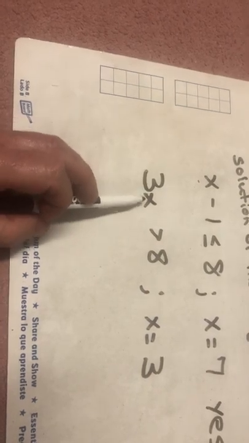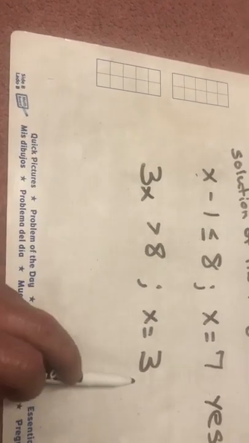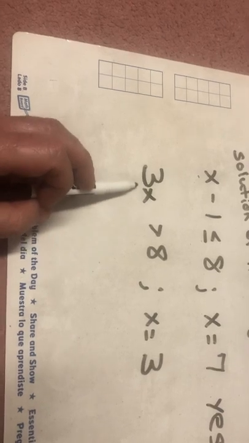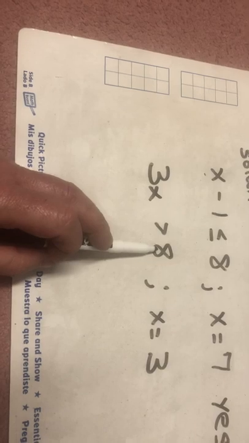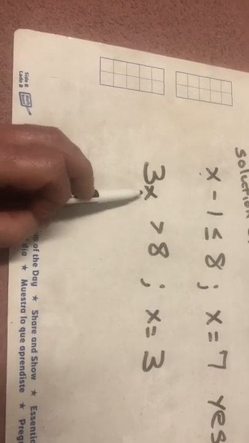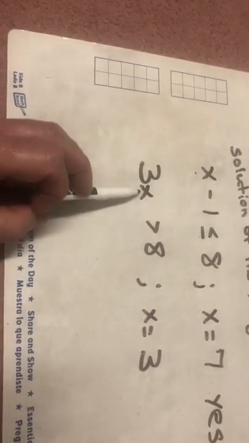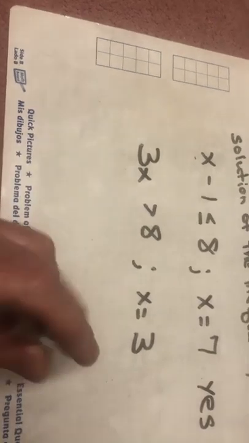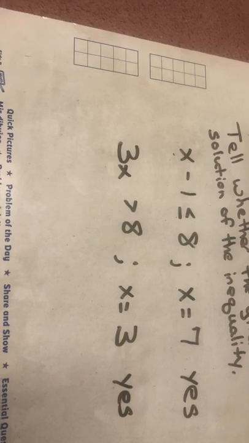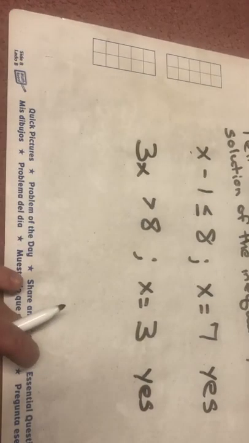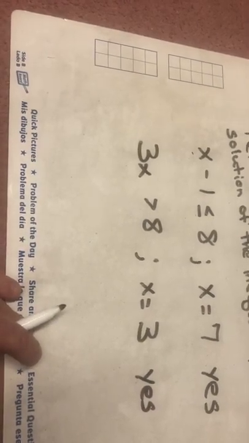So this is 3 times 3, since x equals 3. Well, 3 times 3 equals 9, and 9 is greater than 8. So I'm going to get a yes there. Very good. All right, let's look at one more, and then we'll move on.